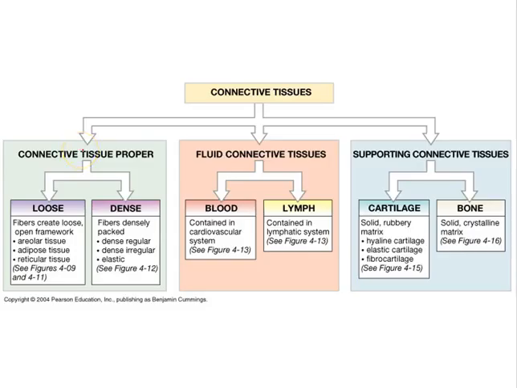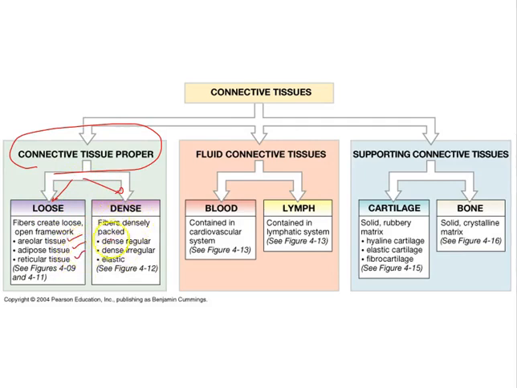Okay, let's review now. So far, we talked about the connective tissue proper, loose and dense. Under loose connective tissue, we studied areolar connective tissue, adipose tissue, and reticular tissue.